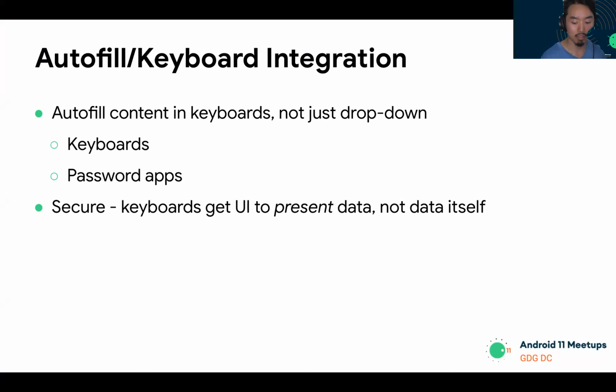You might have some concerns with security, but you don't have to, because the information that your keyboard gets back is only the UI to represent the data, but you don't actually get the data itself. So you don't have to worry about the security from that perspective.